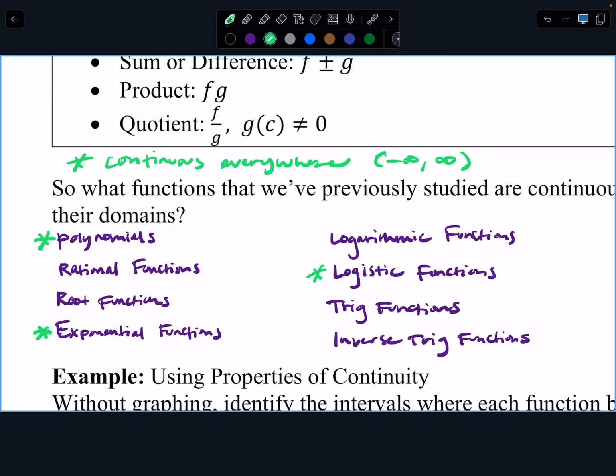Logistic functions. Logistic growth functions. What's a logistic function? When there's a limiting factor, so the growth starts out as almost being exponential, and then there's an inflection point where it levels off. The growth levels off.